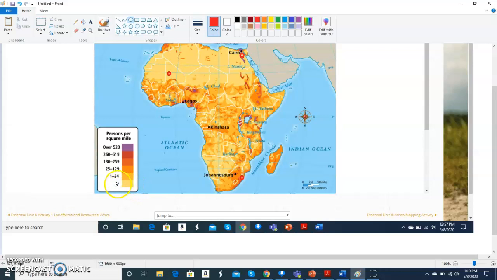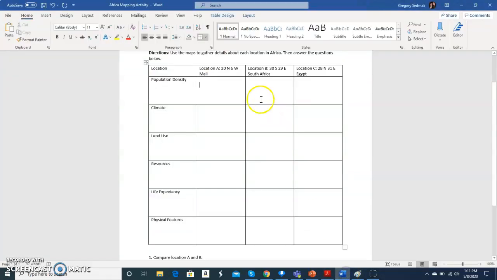It's around 0 persons per square mile, in fact.